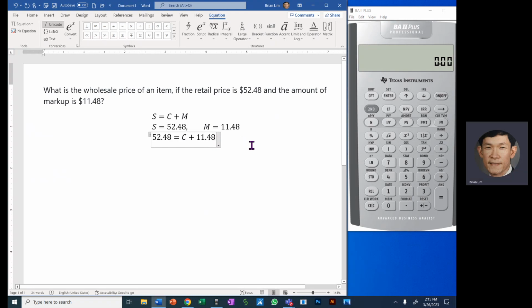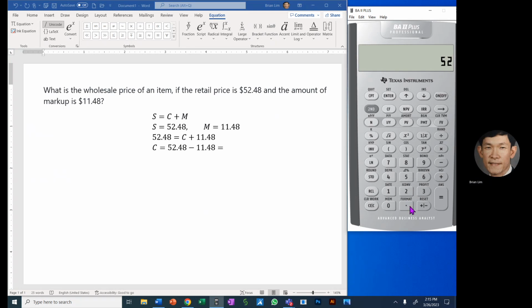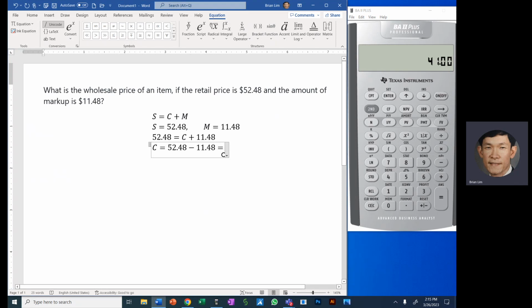So we can say that the cost is equal to 52.48 minus 11.48, which would give us, let's see, 52.48 minus 11.48 equal to $41.